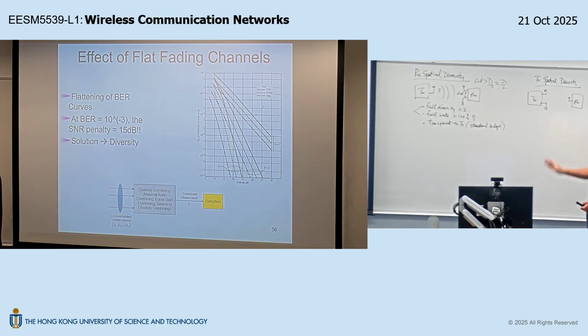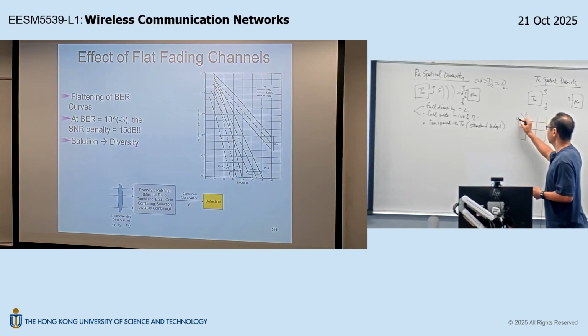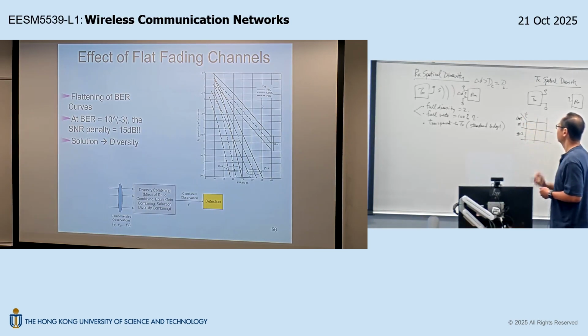The best way people could utilize this tool with transmit antennas was like this. Let's say this is the time, and this is the antenna number. This is the first antenna, the second transmit antenna.